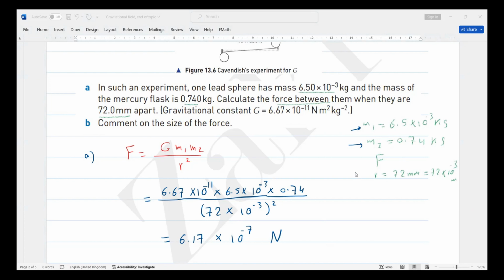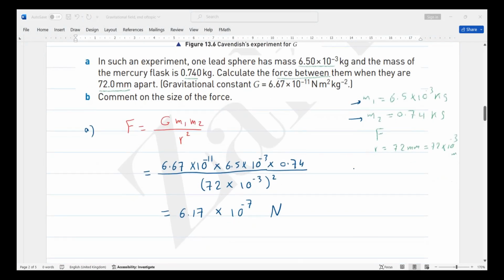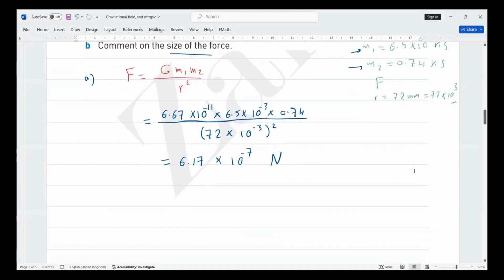Part B says, comment on the size of the force. The force is very, very small compared to other forces like electric force. So this is our comment.